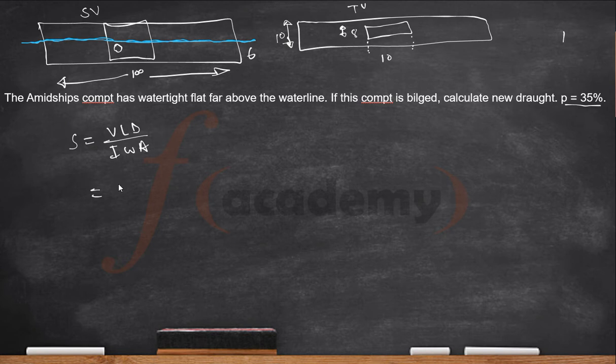So we do it the traditional way, with the volume of lost buoyancy. It's always length times breadth times the initial draft, which is 6. Then, because we're taking permeability into account, only 35% of this compartment is going to be flooded by water.